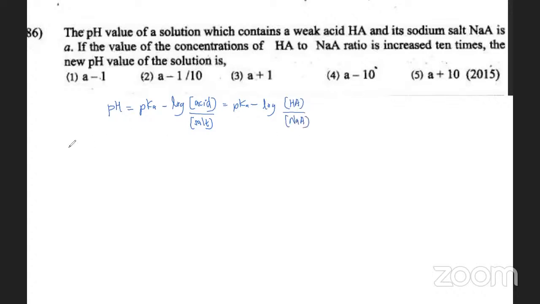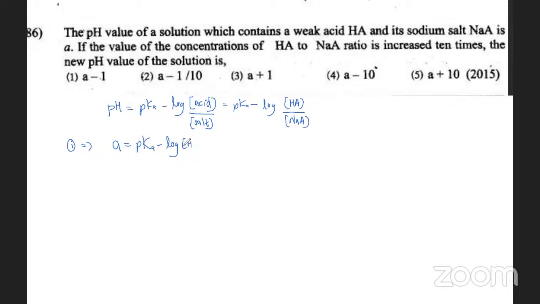So there are two scenarios. During the first scenario, they have given pH as simple A. pKa, there is no change as long as temperature is not changed, minus log of this ratio, HA over NaA, the initial concentration.